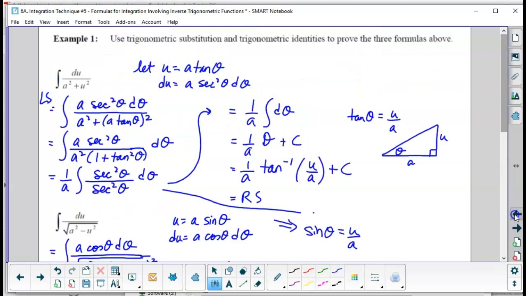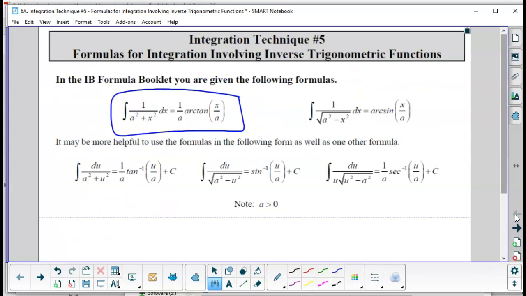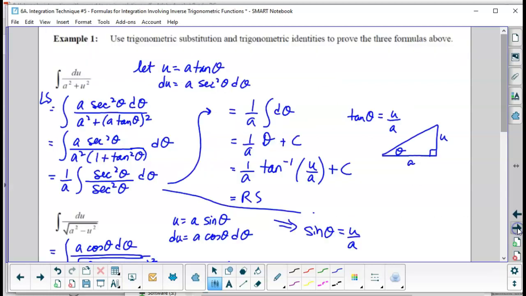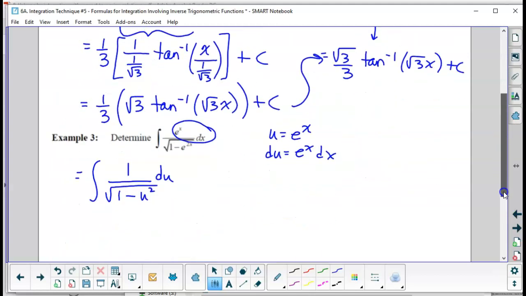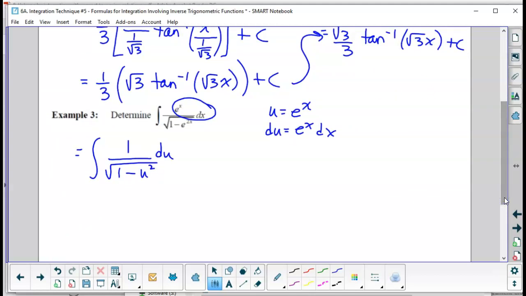Okay, so let's look back at the formula. So a number squared minus the variable squared, and we have that underneath the radical. Okay, so that's the second one there. So basically our A is 1 in this case.